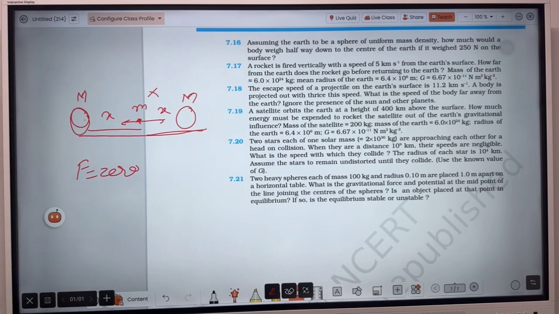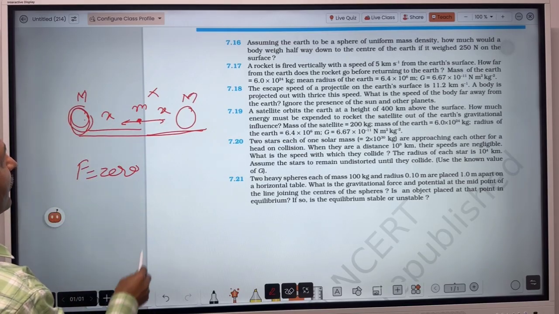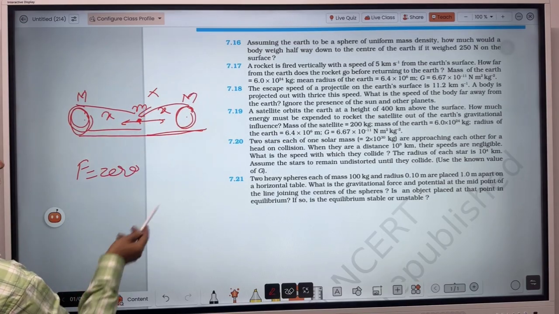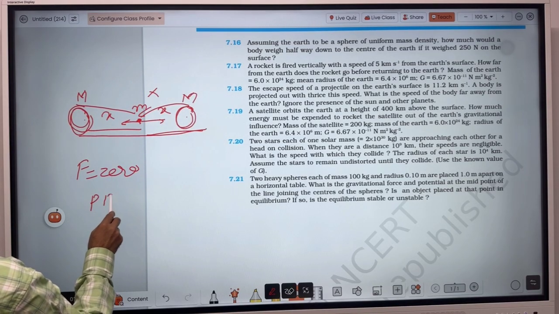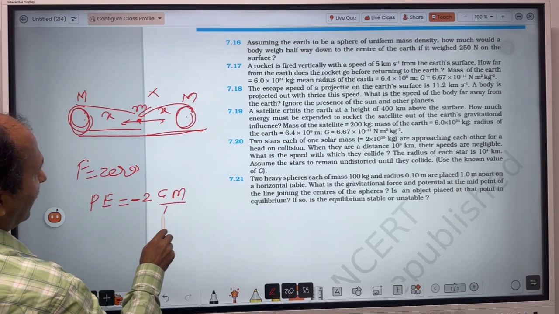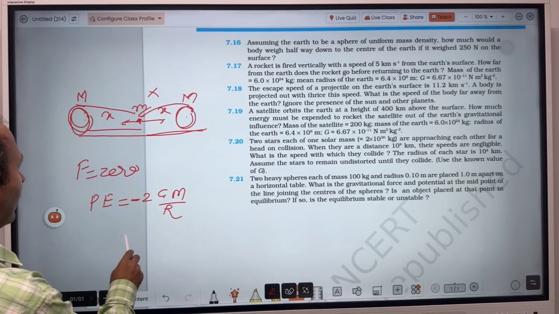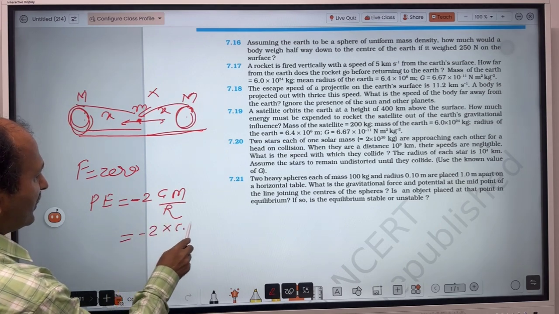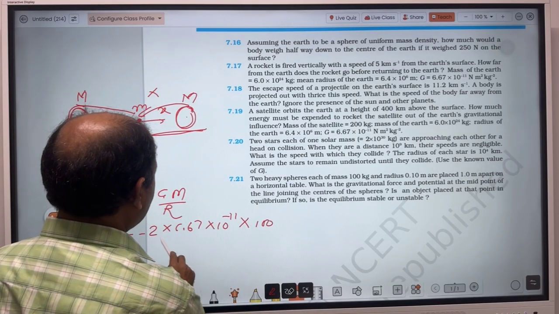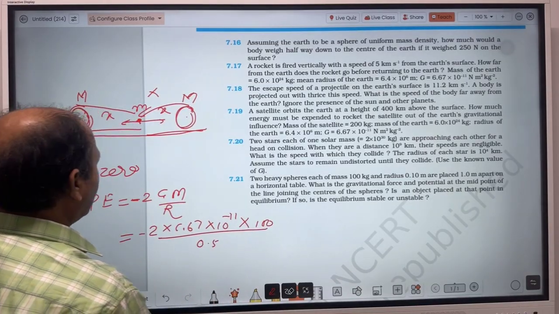Now as far as potential is concerned, potential due to any one and then double it because it is a scalar quantity. The value of potential due to this at this point and due to this at this will be same. So you can say potential will be double of, just write minus sign, minus twice of Gm divided by R, right? And minus 2G, 6.67 into 10 power minus 11, into mass is given as 100 kg and separation will be half of that value, so 0.5.